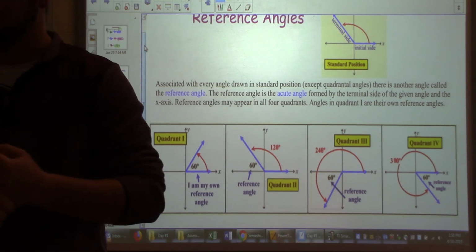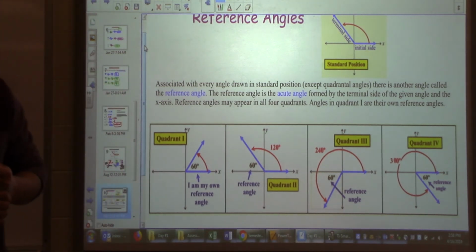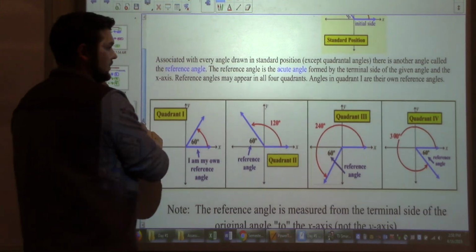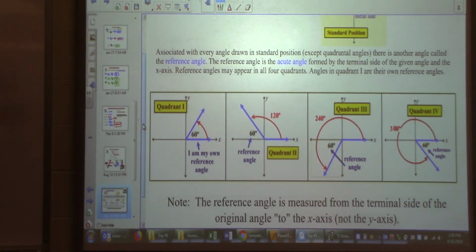Always, always, always the nearest x-axis. So, your reference angle will always be positive, and it will always be less than 90 degrees. Right? If it's going to an x-axis, it should be less than 90 degrees. It will always be positive. Whether you go forward or backward, it's still going to be positive.